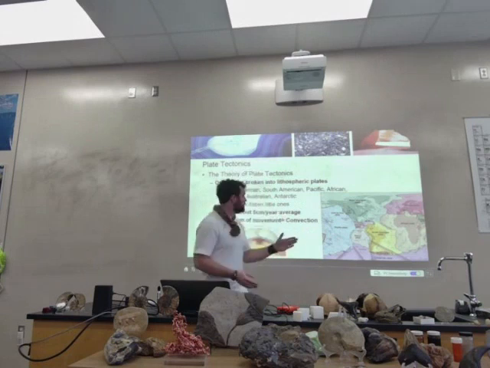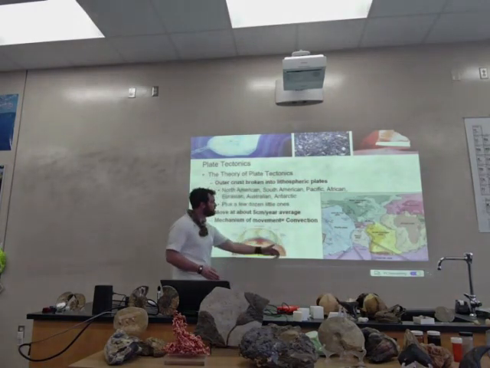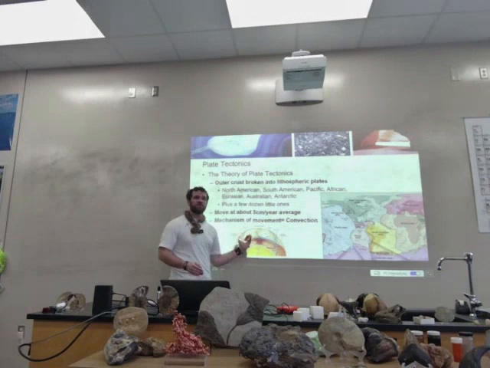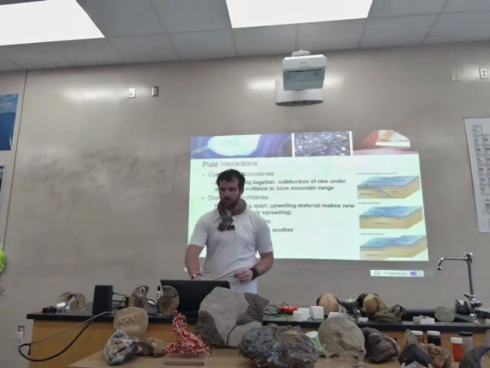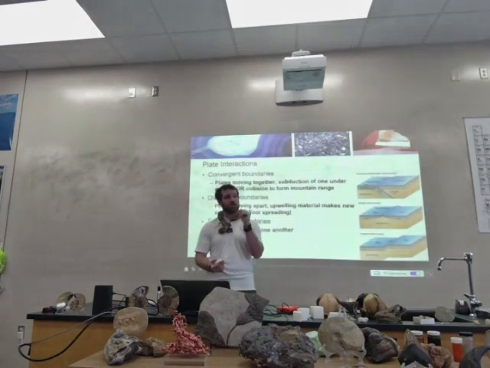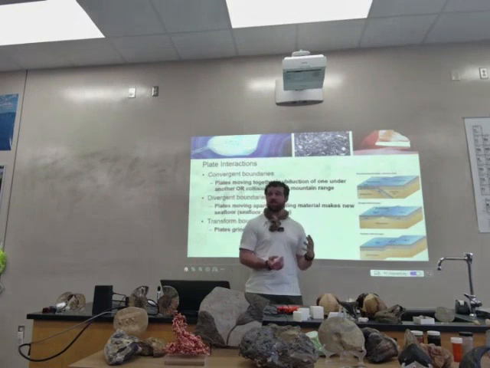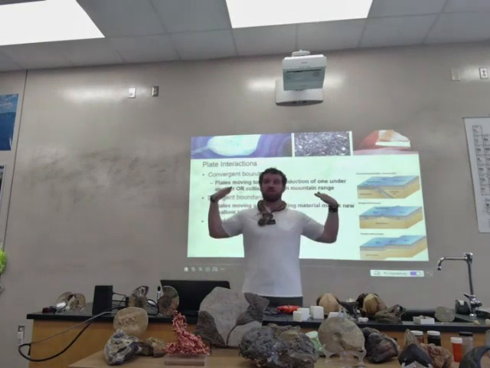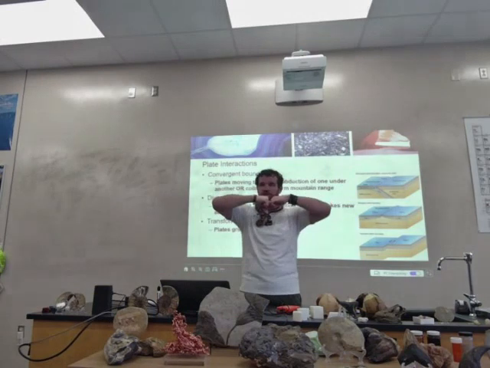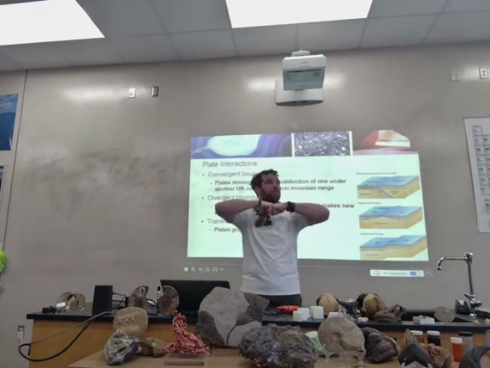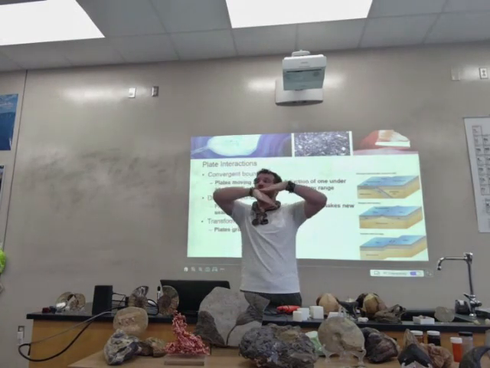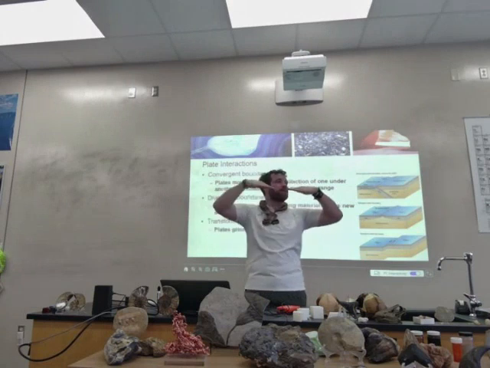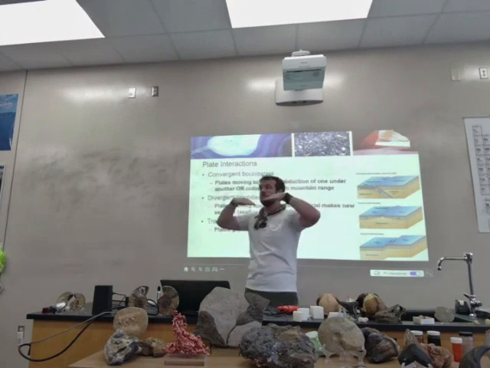But it is this convection underneath in the mantle that is causing the motion of these plates on the surface. When these plates intersect with each other, you get several different types of boundaries. Convergent plate boundaries crash into each other. That will make either a mountain range or a subduction. If one plate is more dense than the other, it will subduct underneath.